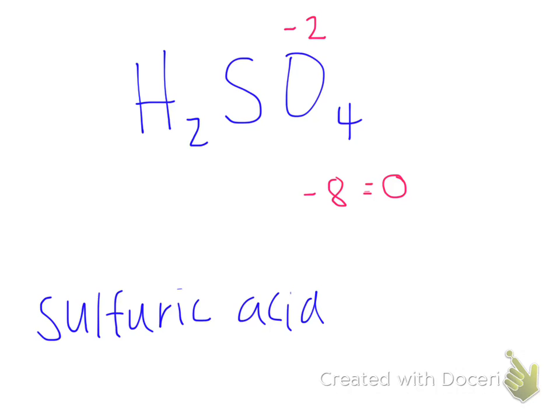Okay, so now we're stuck. We've got 2 things combined that we need to add up to +8. Do we have a rule for hydrogen? Always a +1 unless it's bonded with a metal, and that's not the case here. So hydrogen has an oxidation number of +1, and we've got 2 of those hydrogens, which means this is a +2.